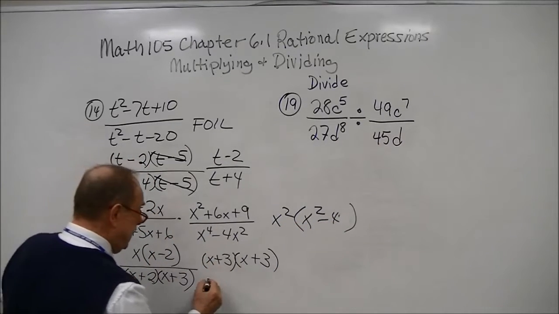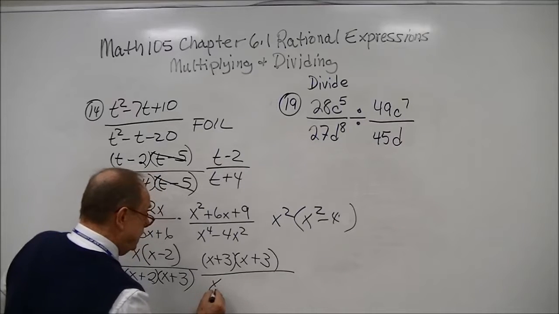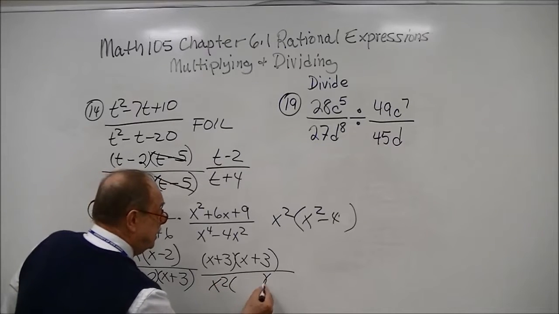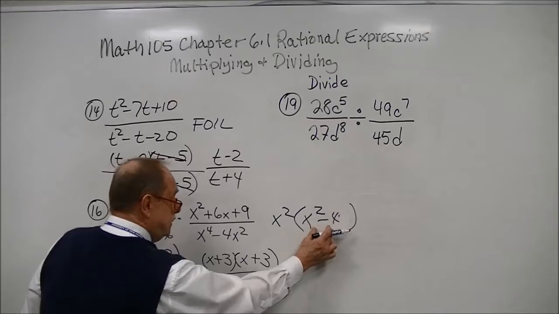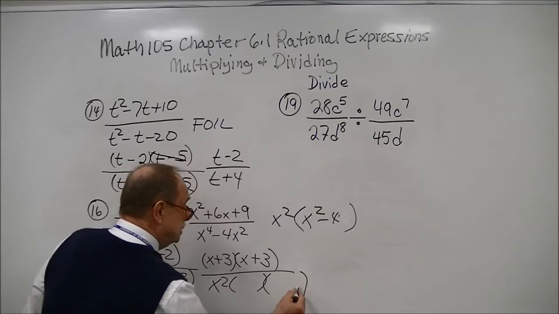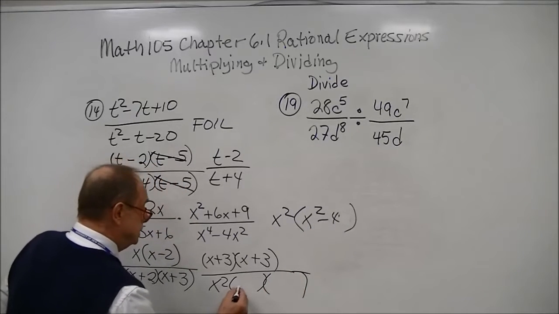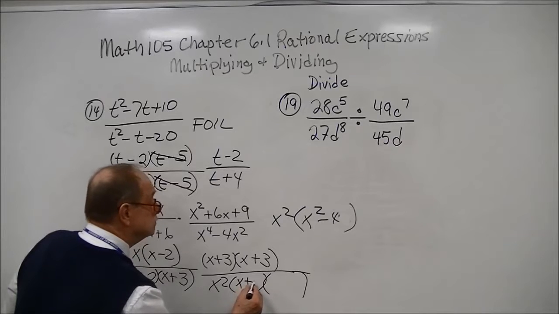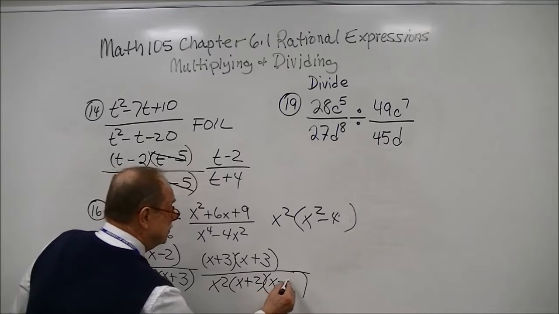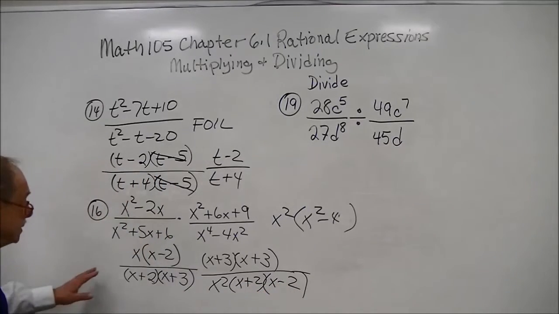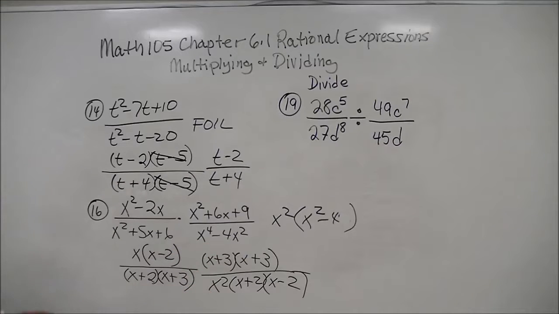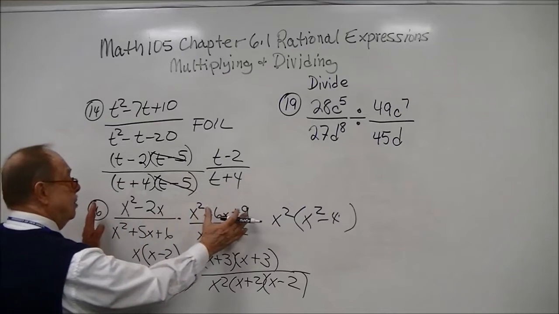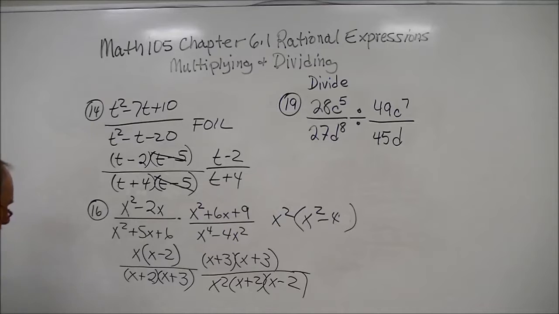Now, when I factor that, I get an x squared. And then this is the difference of perfect squares that I will factor into its conjugates. And now I have completely factored this multiplication problem.